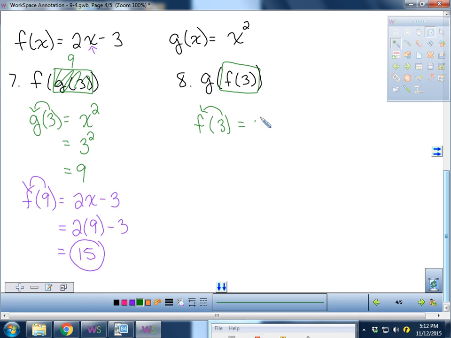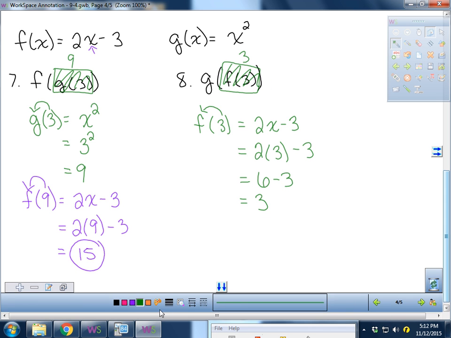So f is 2x minus 3. I'm going to plug 3 in for that x. That gives me 2 times 3 minus 3. 2 times 3 is 6, minus 3, which would just give me 3. So instead of saying f of 3, I can just replace it with 3.